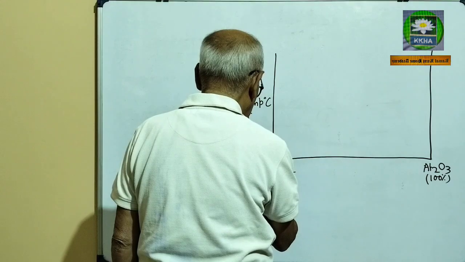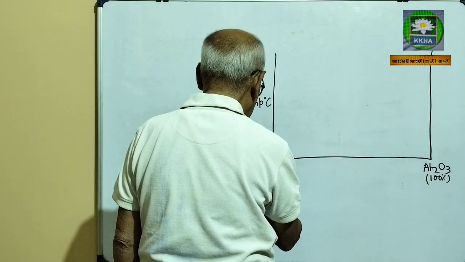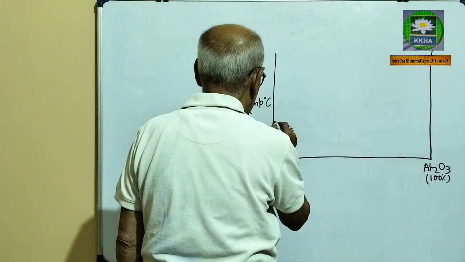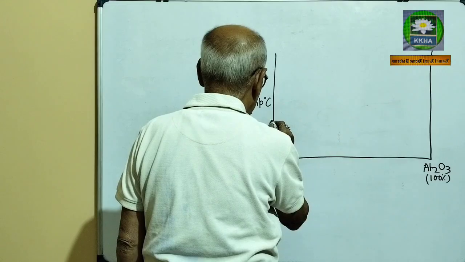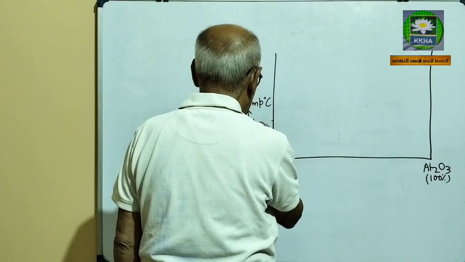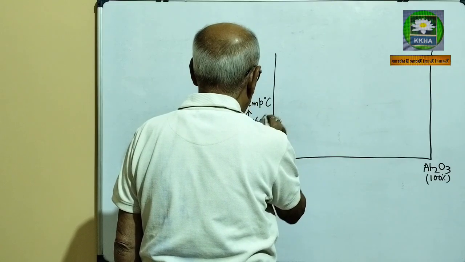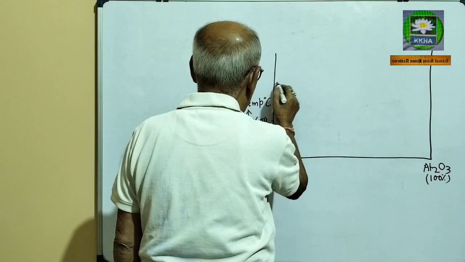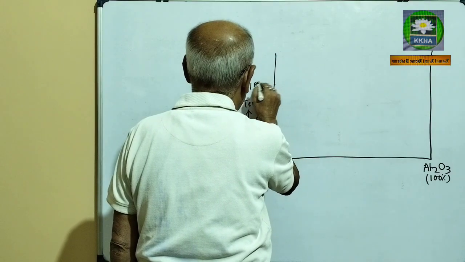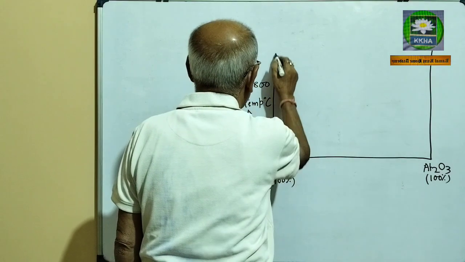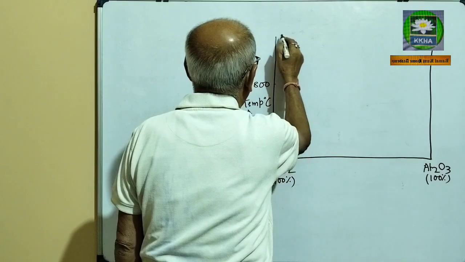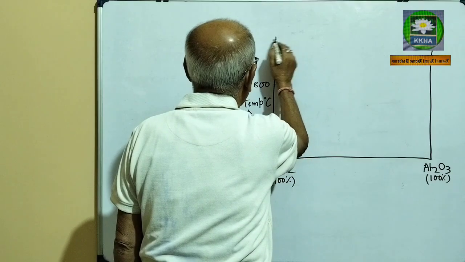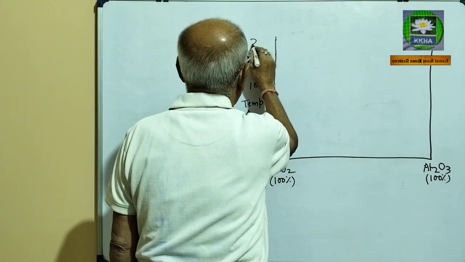Let this temperature is 1400 degrees Celsius. Say 1600, 1800, 2000.